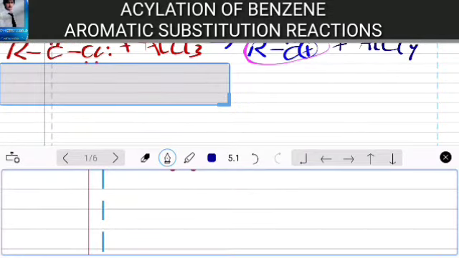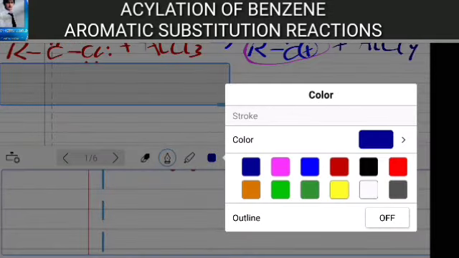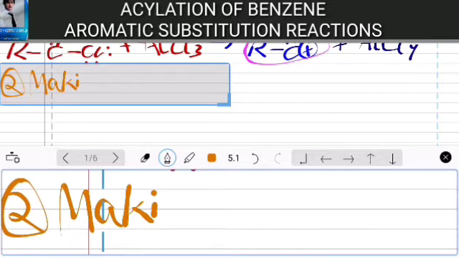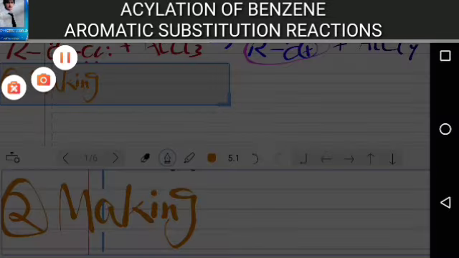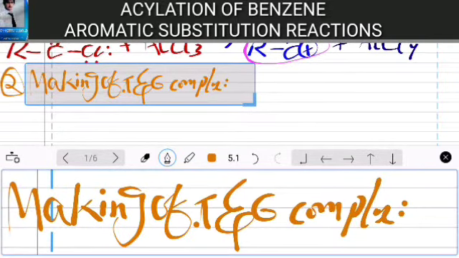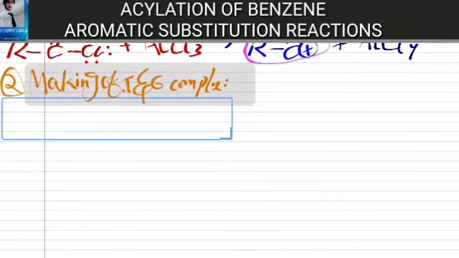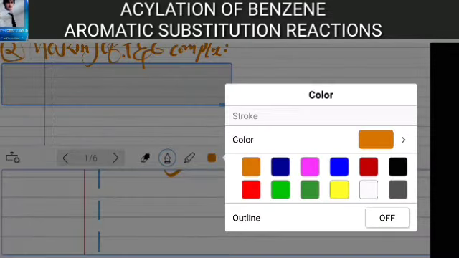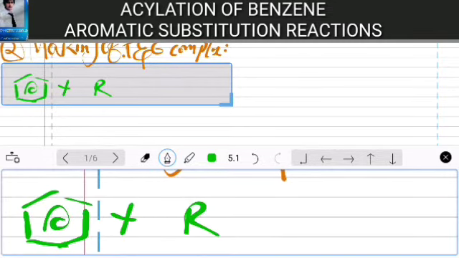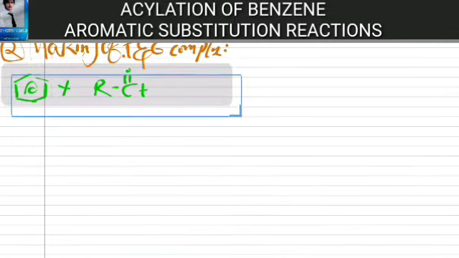The second step in aromatic substitution reactions is making of pi and sigma complex. For this purpose our aromatic ring, the nucleophile, attacks on R C double bond O, which is positive.